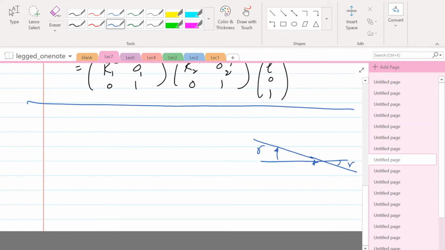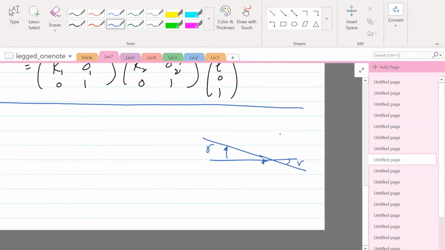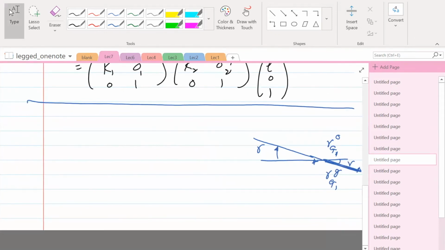So gamma. And so our vectors are all in this frame. For example, R_G1,0. If you want to find the vector in a frame which is along the ground, then we need to transform those equations from the ground frame to the frame which is along the ramp.